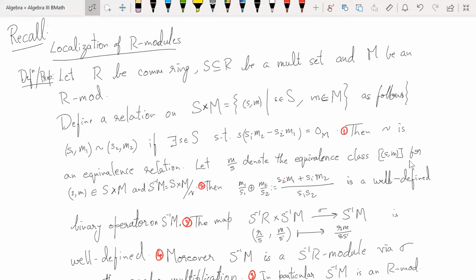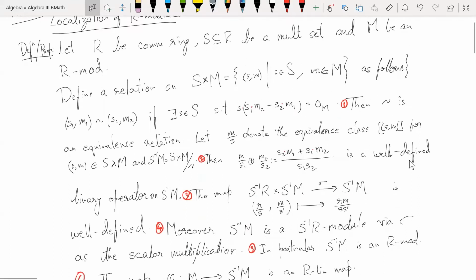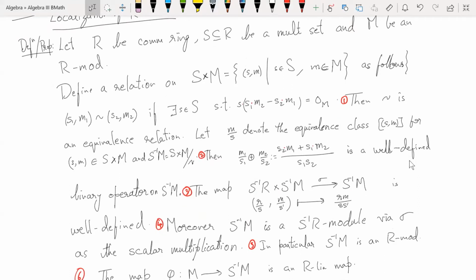You start with an R module M and a multiplicative subset S in R, and then you define a relation, which happens to be an equivalence relation on S cross M, via this formula. So m1 over s1 is equivalent to m2 over s2 when all the obvious things happen.